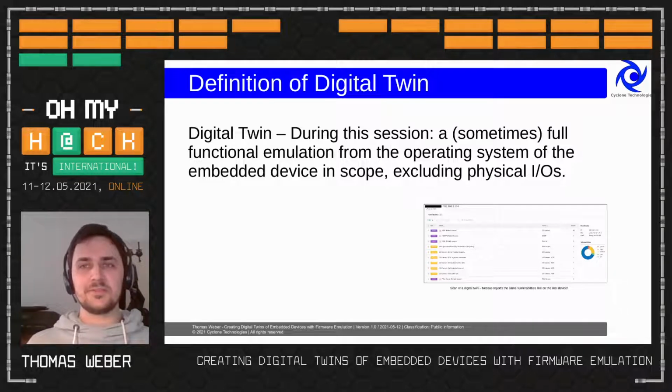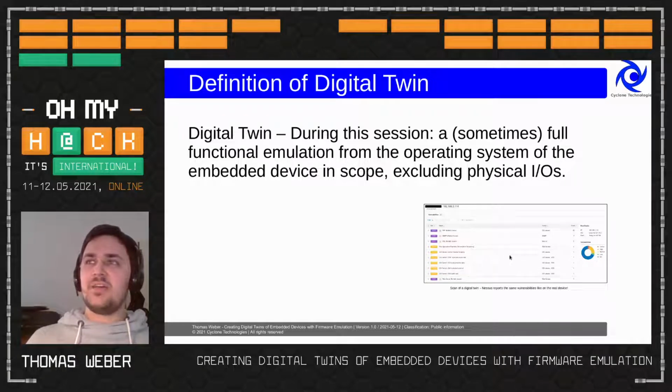If you do emulation, it's really hard to turn on the camera picture because there is no CMOS sensor and you cannot look at any live stream. Here you can also see a scan of an emulated device. For me, when I scan a real device and get the same results as for the emulated device, then I know the emulation was really good and works pretty well.